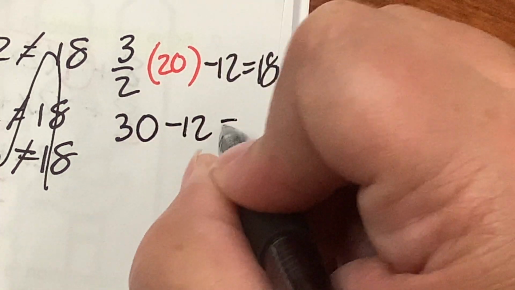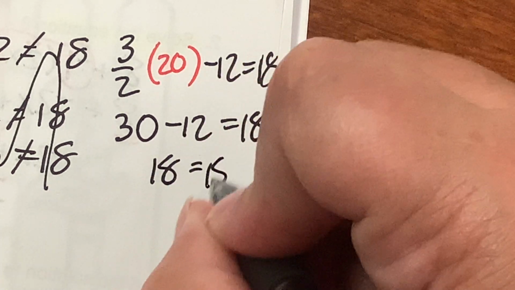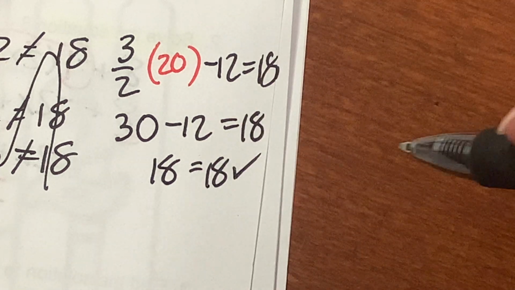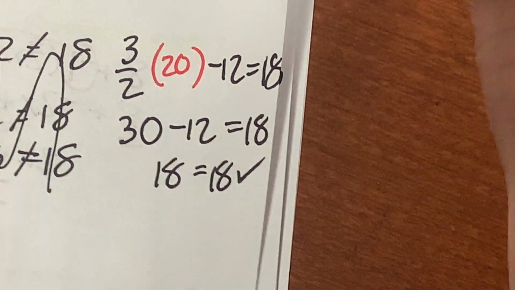Well, 30 minus 12 is 18. That equals 18. That checks. Now, if I hadn't gone back and checked myself, I'd have wrecked myself. Be careful.